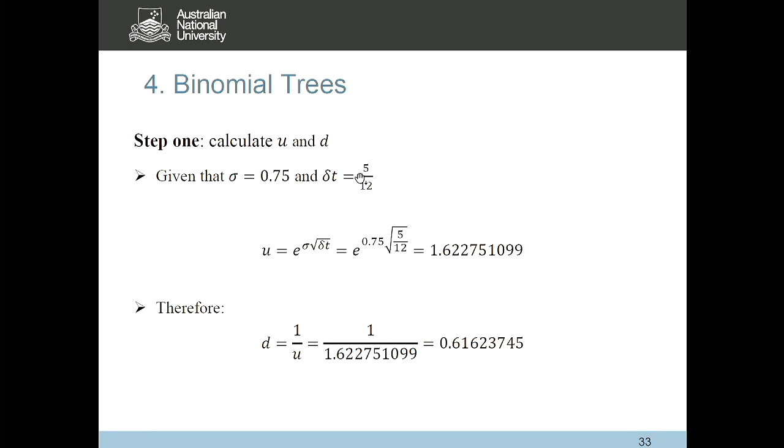Sigma is the standard deviation, 0.75, already continuously compounded. Delta t is the square root of 5 on 12: we've taken the 10 months, split it into 2, so that's 5 months each, expressed as a fraction of a year, 5 on 12. We work out the proportional increase, and 1 divided by that gives us the little d, the proportional decrease. Once we have the u and the d, that's your step number 1.